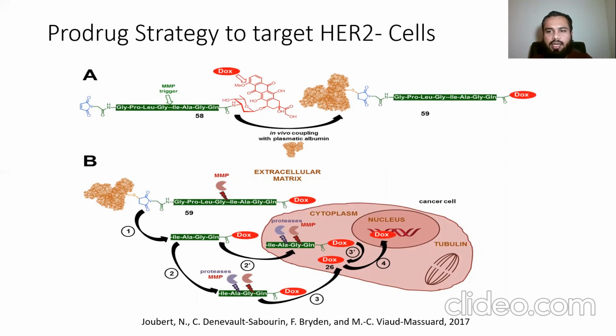So we came up with an idea to link a prodrug like DOX to the antibody with a mutated cysteine residue, and a peptide linker that could be cleaved by the MMP enzyme that is highly active in the tumor environment. So once the peptide is cleaved by this MMP enzyme, the drug is released and it targets the cancerous cell.